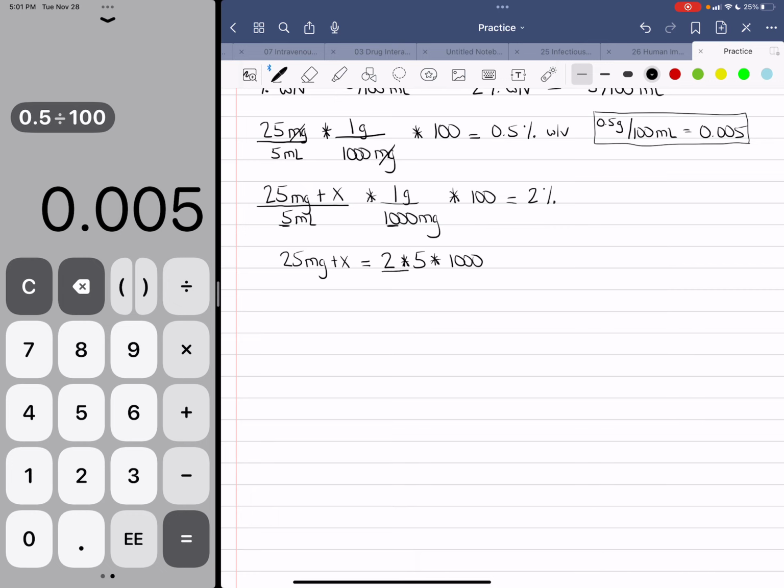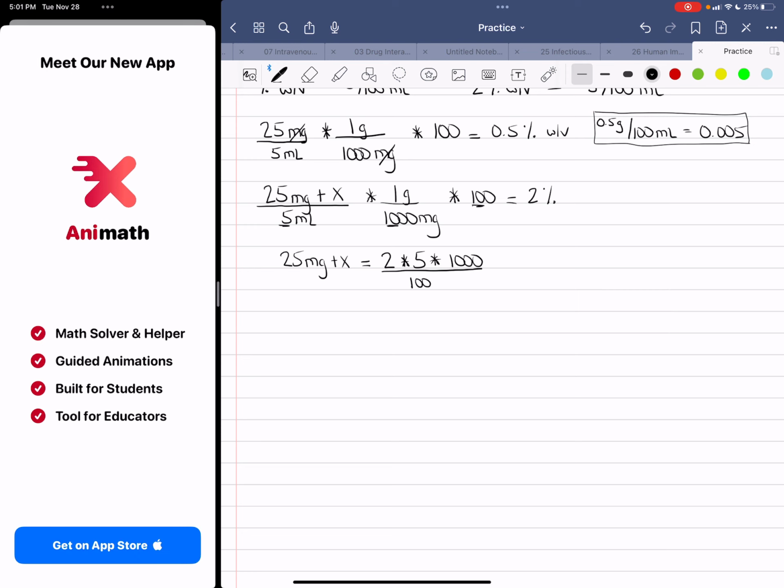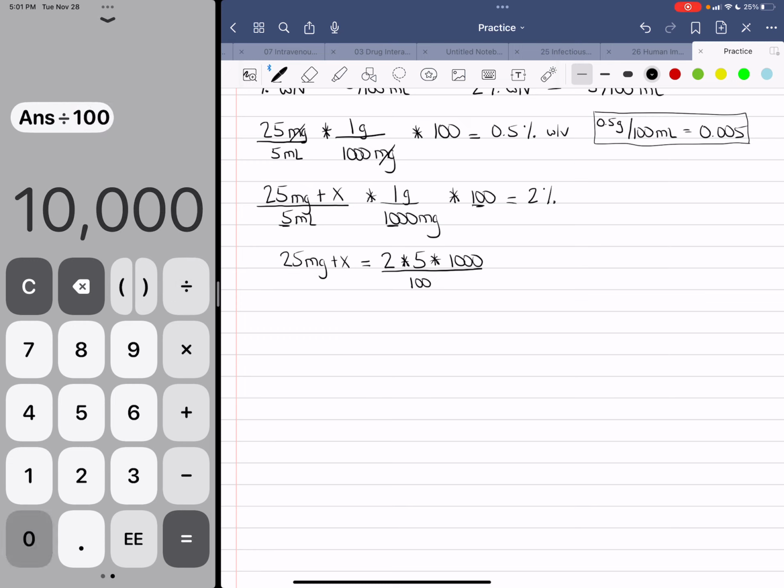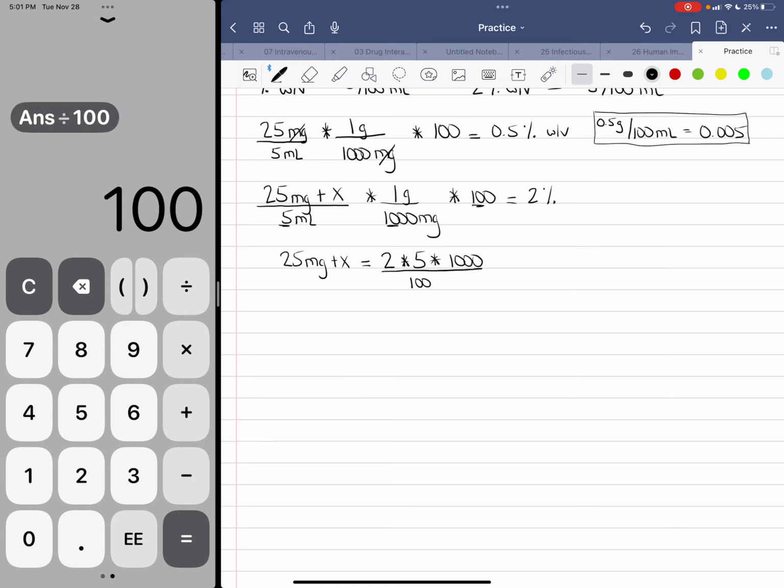And then we're going to divide by the 100. When we do that, we have 2 times 5 times 1,000 divided by 100, and that gives us 100. So we have 25 milligrams plus X is equal to 100.